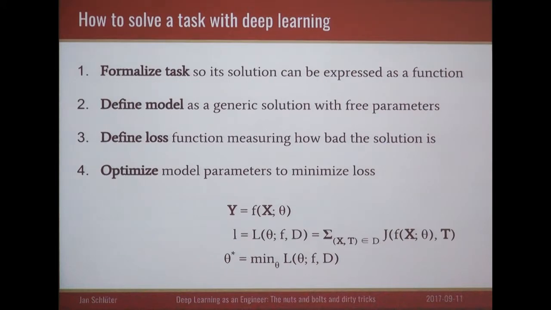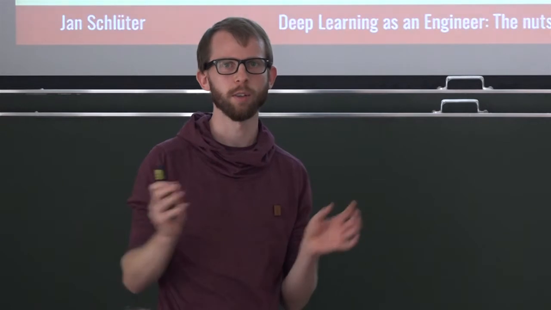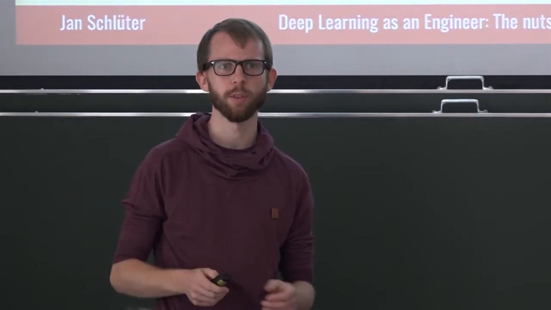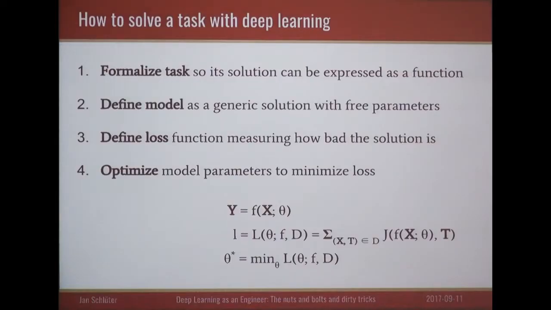So this is how deep learning works. We've seen that we need to formalize the task, and we can define the model in some way from the building blocks we have, the layers we have. Then we define a loss function. This is usually pretty much set, but there's also a lot of room for doing tricks there.